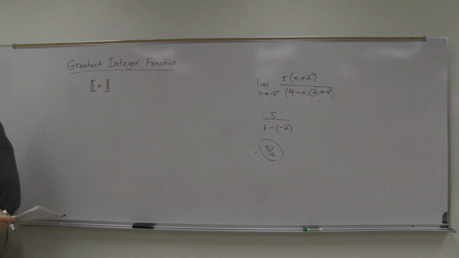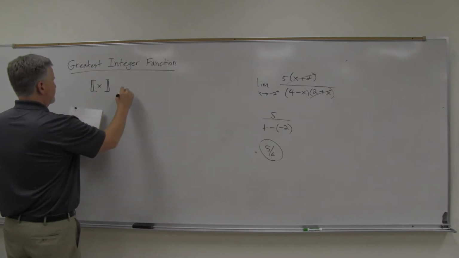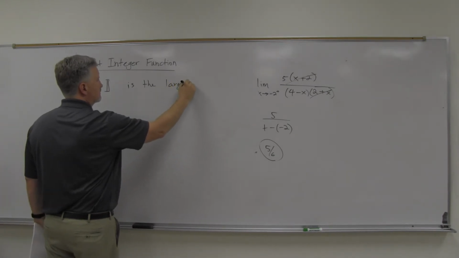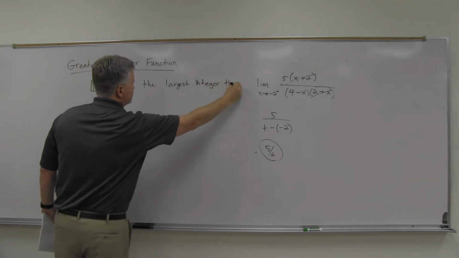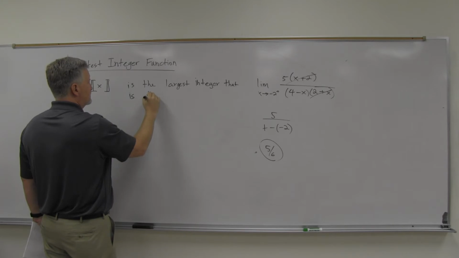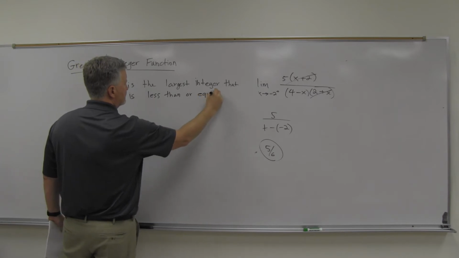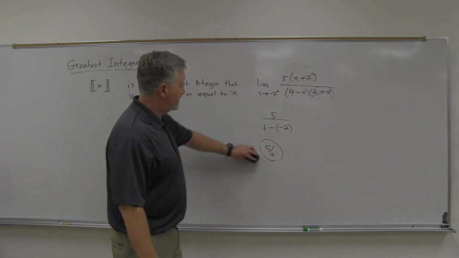The way this book will denote it is these little double square bracket things. That's the greatest integer function. Here's what the definition is. The greatest integer of x is the largest integer that is less than or equal to x. Largest integer that is less than or equal to x.